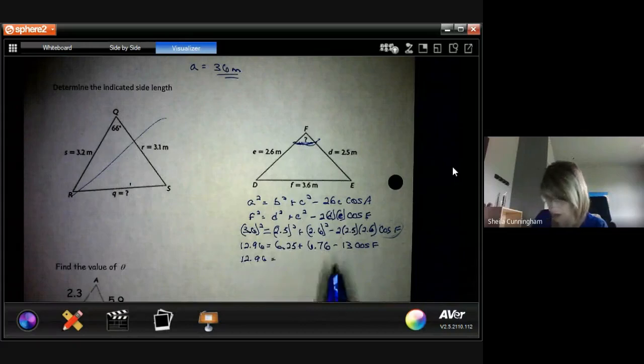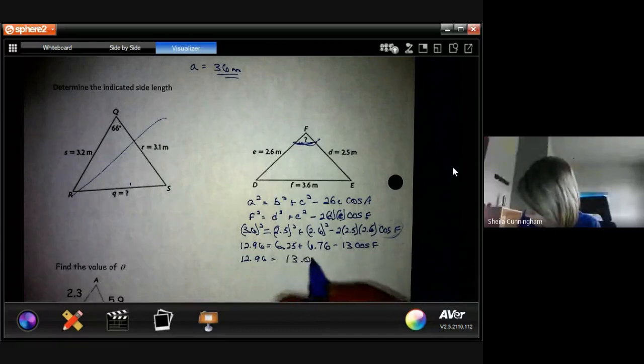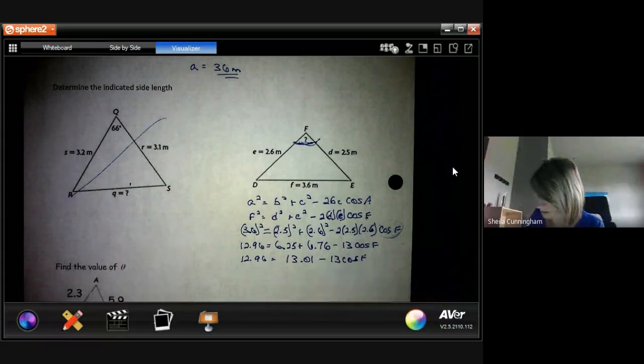If we add those two together, 6.25 plus 6.76, that gives me 13.01 minus the 13 cos of F.